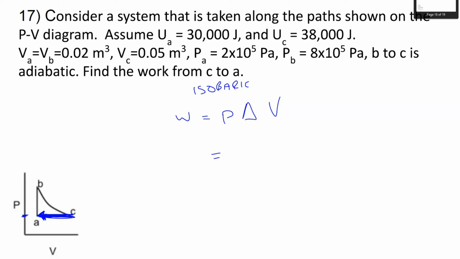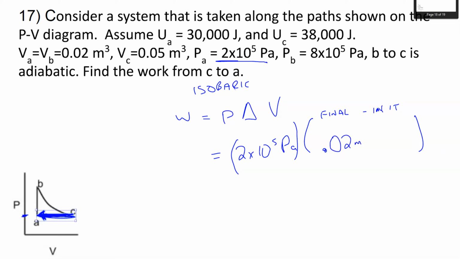Okay, well, my pressure at point A is 2 times 10 to the 5th Pascal, and my volume, remember here I need final minus initial, and in this case my final is going to be the volume at point A, so that's 0.02 cubic meters, and the initial was the volume at point C, 0.05 cubic meters.